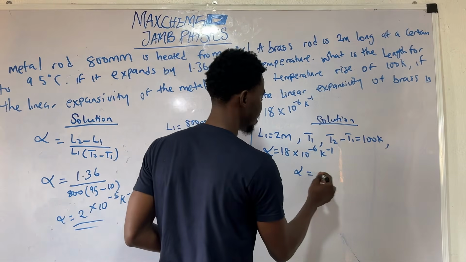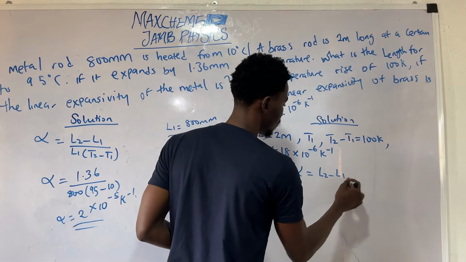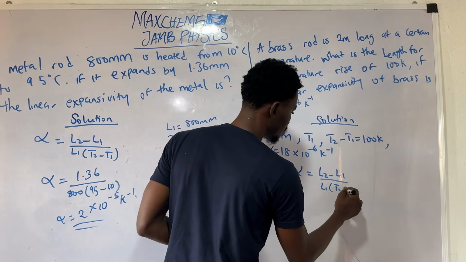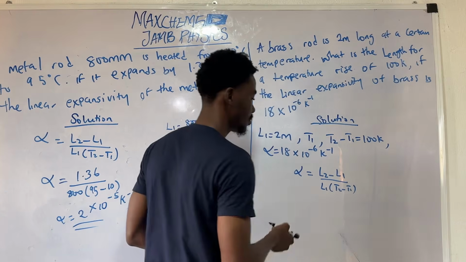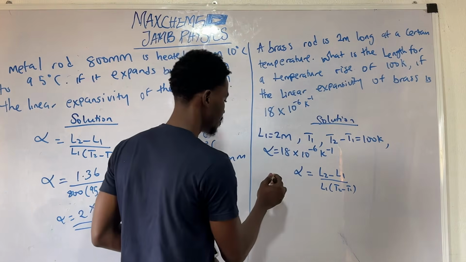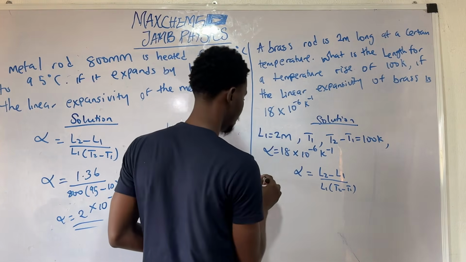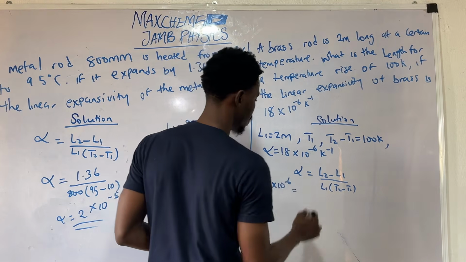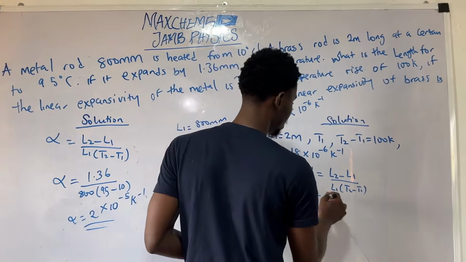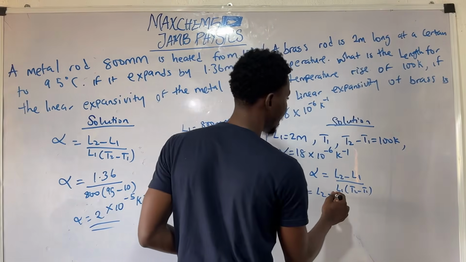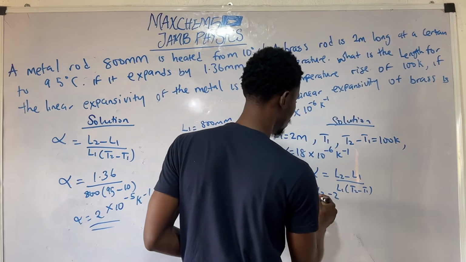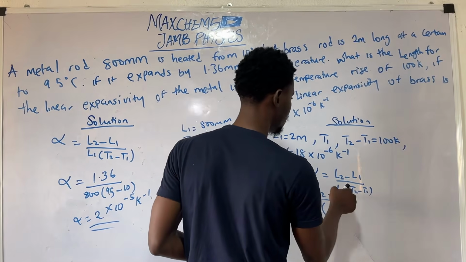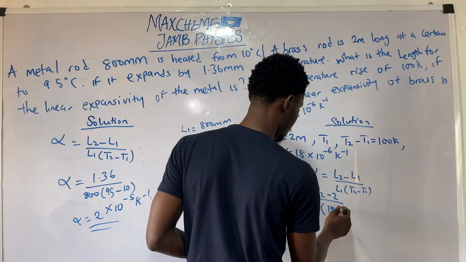So alpha is given by L2 minus L1 over L1 times T2 minus T1. Substituting the values, we have 18 times 10 to the power minus 6 is equal to L2, which is the unknown we are looking for, minus L1, which is 2, over L1, 2, times T2 minus T1, which is 100.